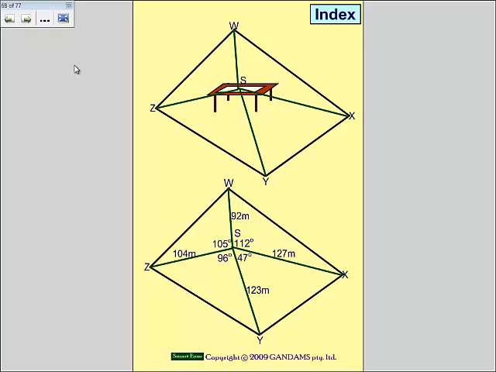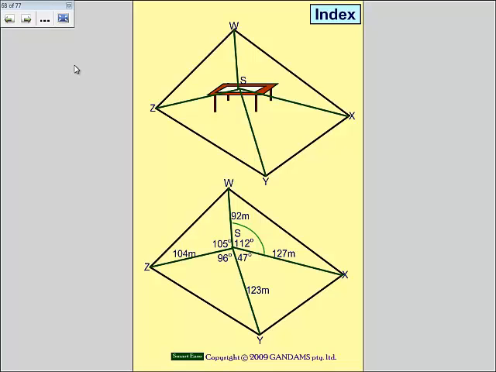Once you've got that drawing, you've then gone off and measured how far away those corners are and how many degrees it took you to turn from one corner to the other. That's where the second diagram comes from. From your point S, the corner W is 92 meters away, and the angle between staring at W and turning to your right to look at X is 112 degrees.